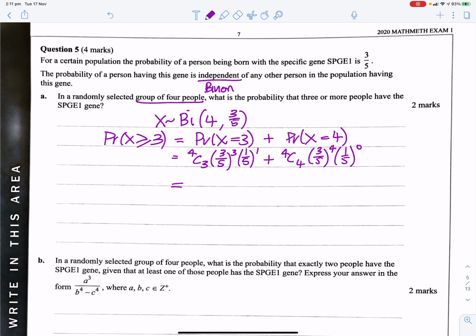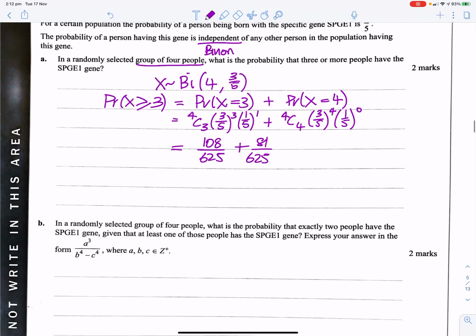We've got to times it by 27, because 3 cubed is 27, which is 108, over 5 to the power of 4, which is 625. That's 1. I've got 3 to the power of 4, which is 81, over 5 to the power of 4, which is 625. So when I add them together, I get 189 on 625.